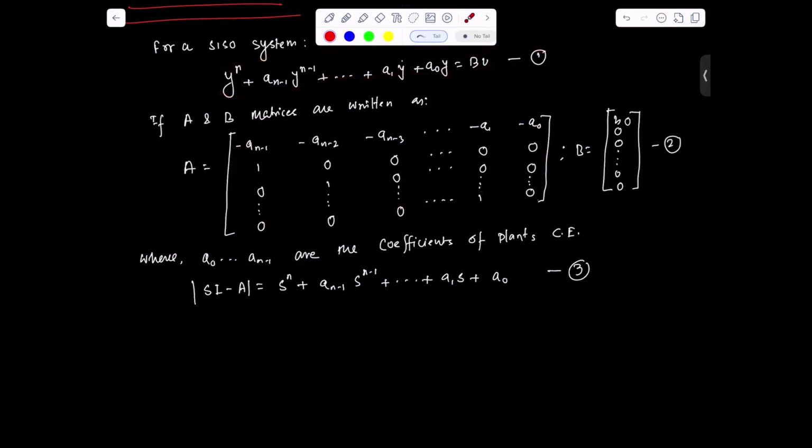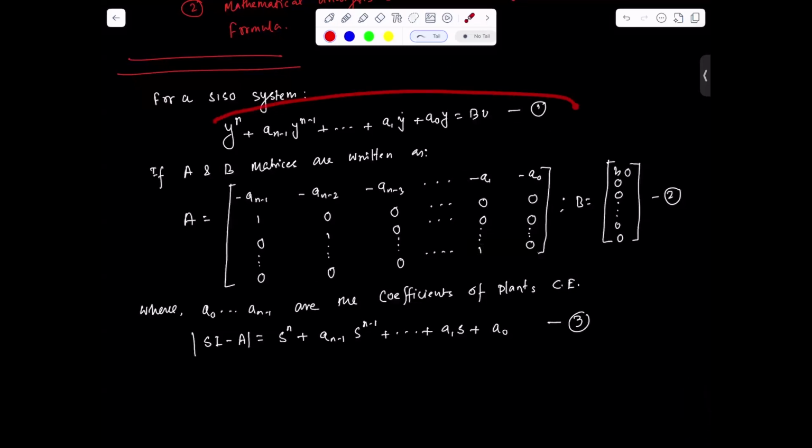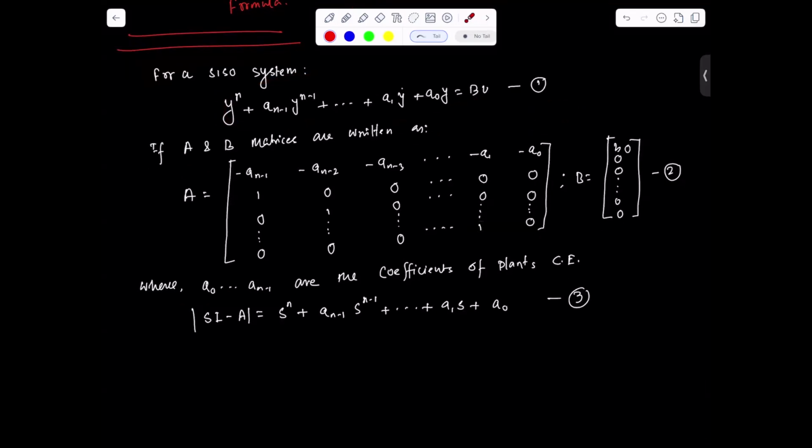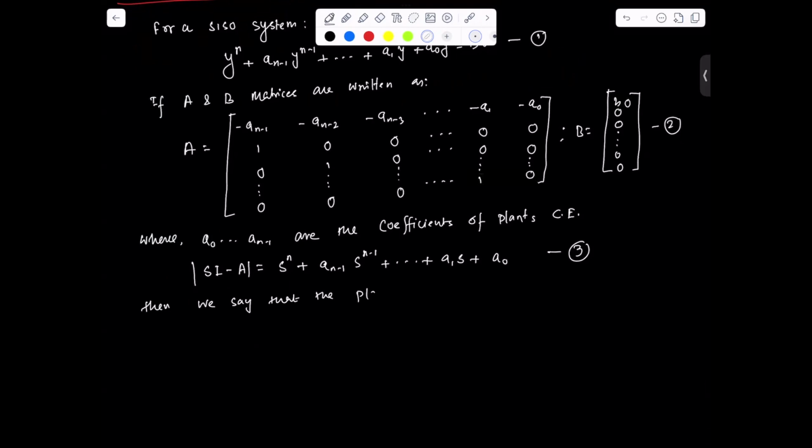If you can write the matrices A and B for this particular system, then we can say the plant is in controller companion form.